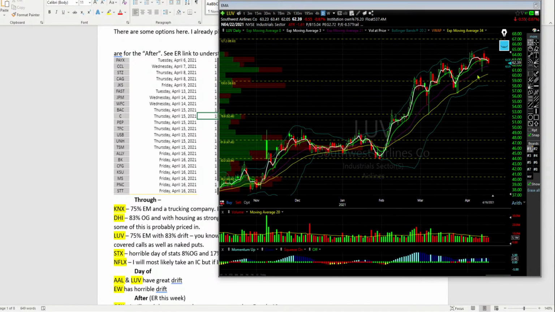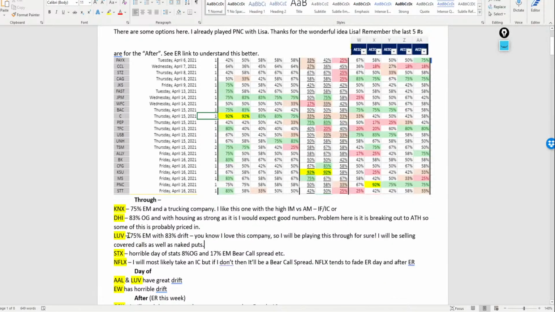Now, the other way you can play it, if you think it's going to be bullish like me, is to sell a vertical call spread instead of doing naked, because again, 75% earnings move. I'll also be playing this on the day of for the drift. The benefit here is you get to read the report. If we gap up and it starts to do a huge play, maybe the drift's not going to be as accurate, but that's what I'm looking for.